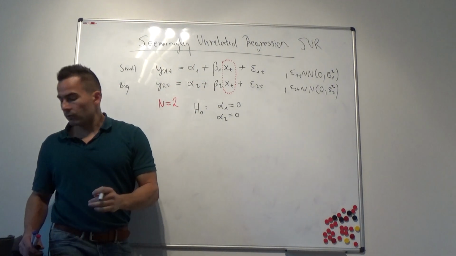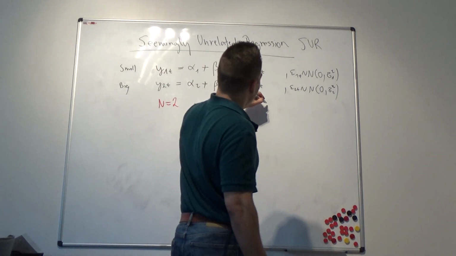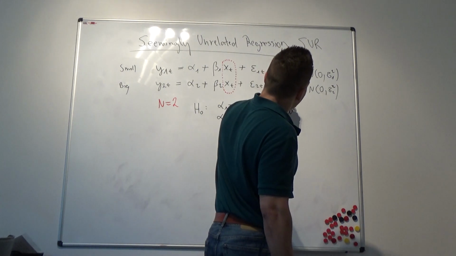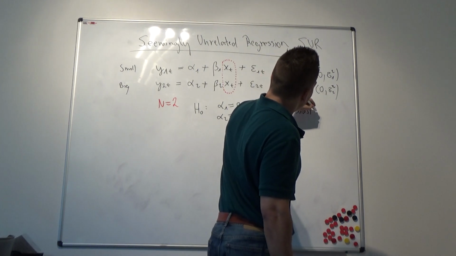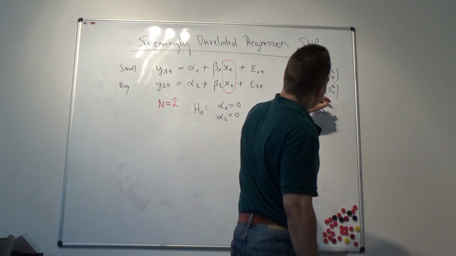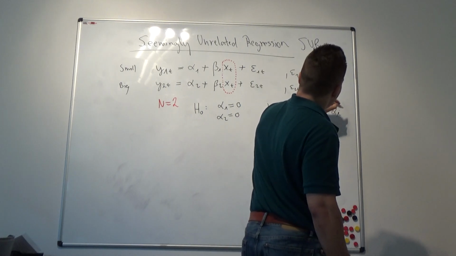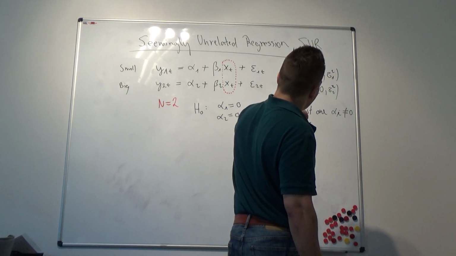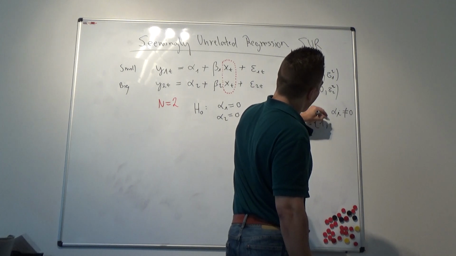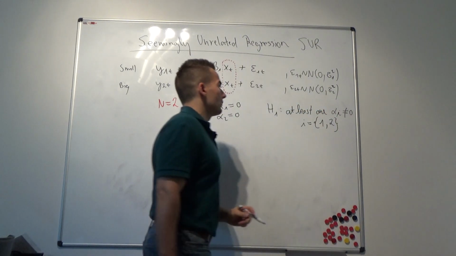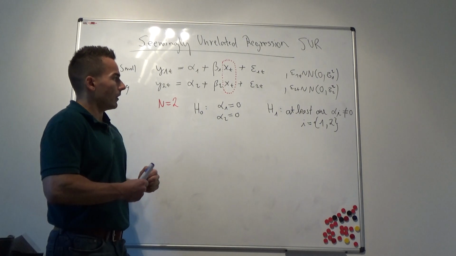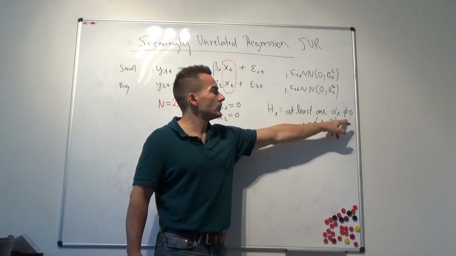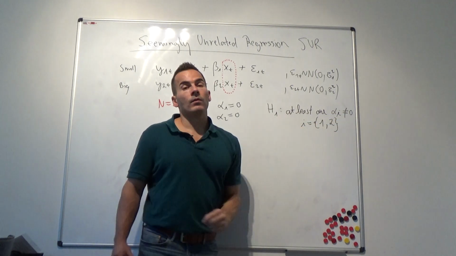So under the alternative hypothesis, H1, at least one alpha i is unequal to 0, and i is 1 and 2.